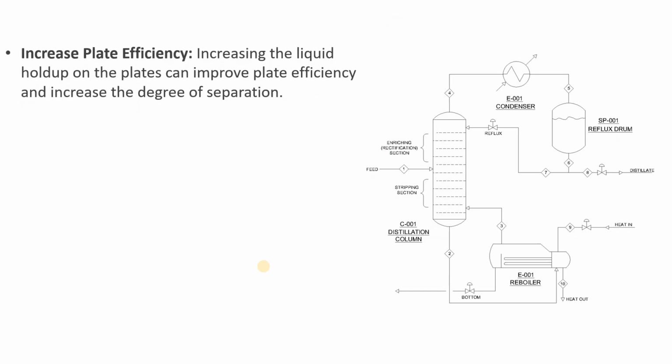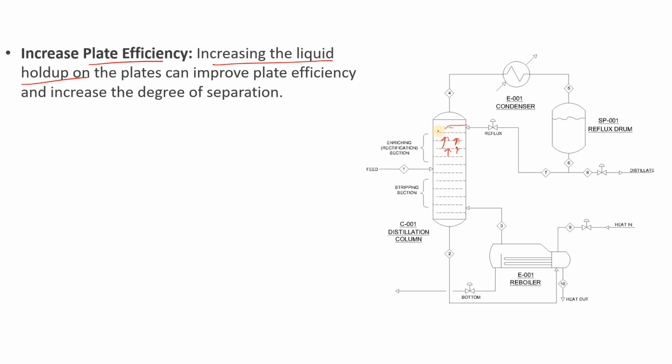Now the third point is that it increases the plate efficiency. Why does it increase the plate efficiency? This is very simple. Increasing the liquid holdup. What you are doing here, you are sending one liquid stream from here, and vapors are coming from the bottom like that.